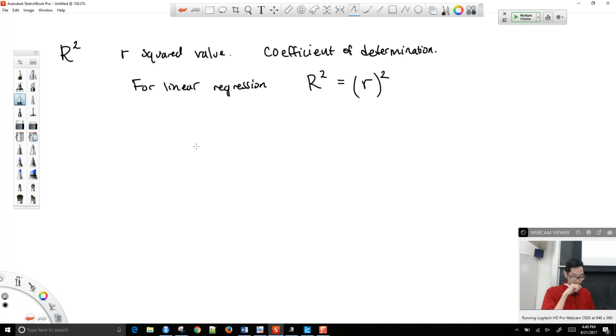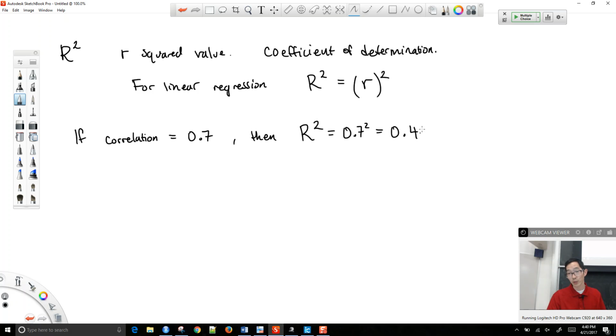So if correlation is equal to 0.7, then r squared is equal to 0.7 squared, 0.49. So why would we even bother squaring this?